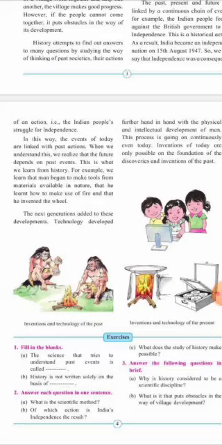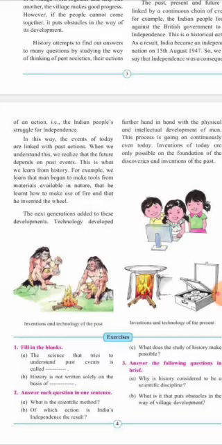For example, man began to make tools from material available in nature. He learned to use fire. Then he invented the wheel. The next generation, using their skill and imagination, modified those things.